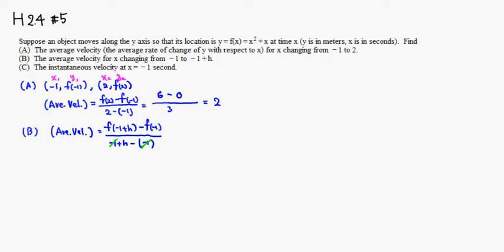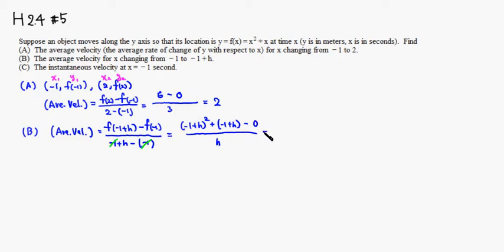Then f of -1 plus h: we just have to plug in -1 plus h squared plus -1 plus h. Then minus f of -1, which is actually 0, then divided by h.